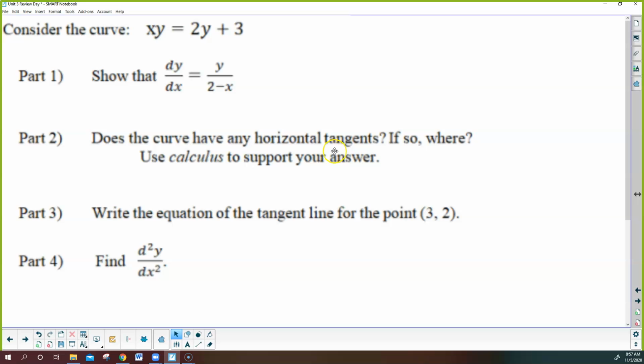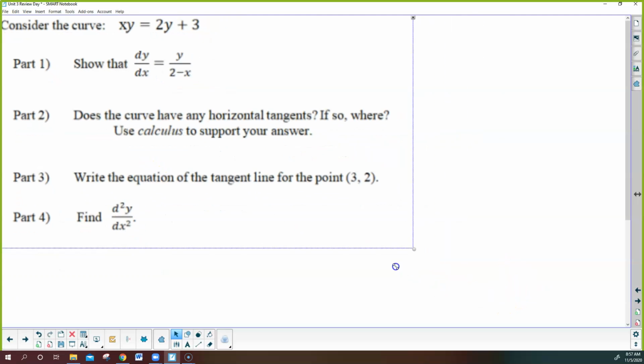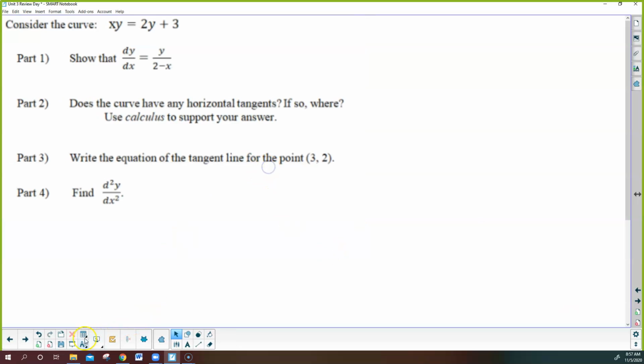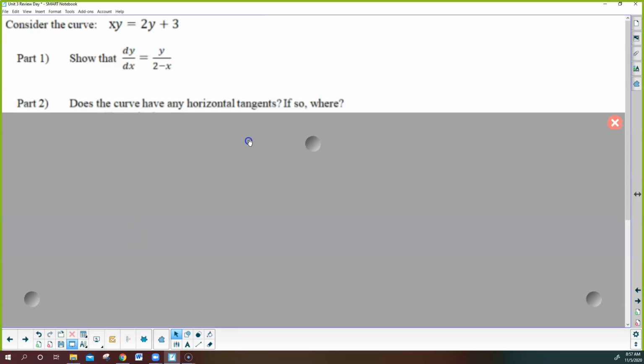And then you will be asked to find when you have horizontal tangents, if possible. They don't always have to be possible. And then maybe even vertical tangents. We'll talk about both of those. And then write an equation of a tangent line and find the second derivative. So this is a good review for us to work through. What I'd like to do is go through this kind of step by step here.